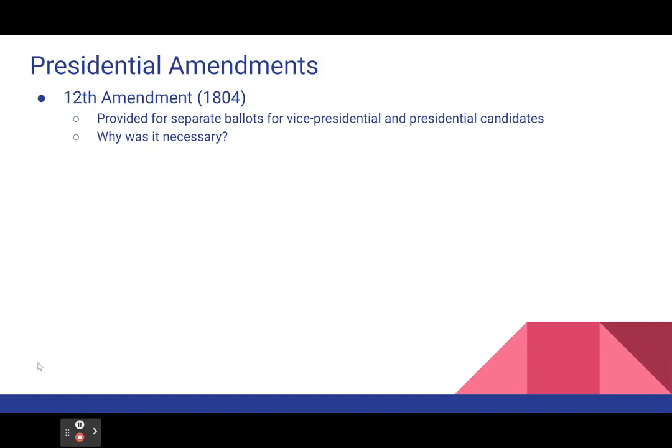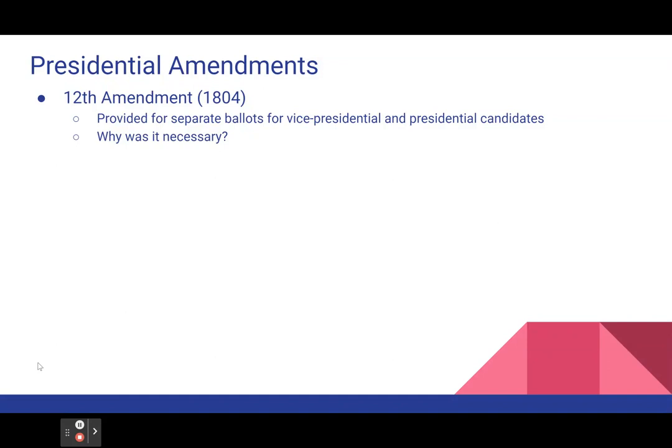So here you have political parties suddenly established, and the Constitution doesn't address what happens with political parties, right? Burr and Jefferson kept tying each other with 71 electoral votes.